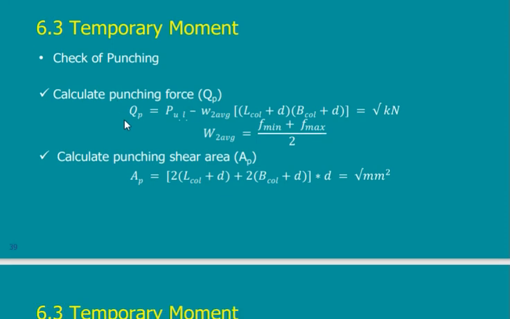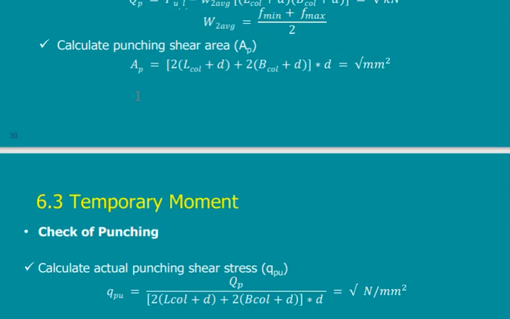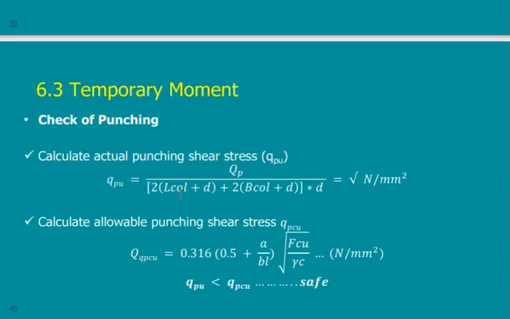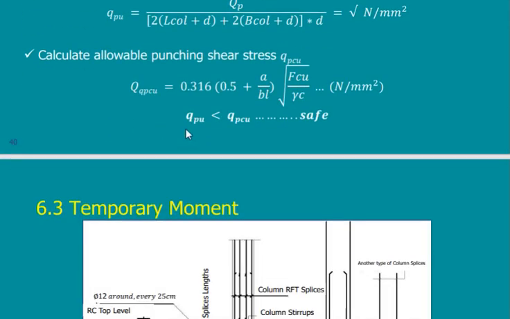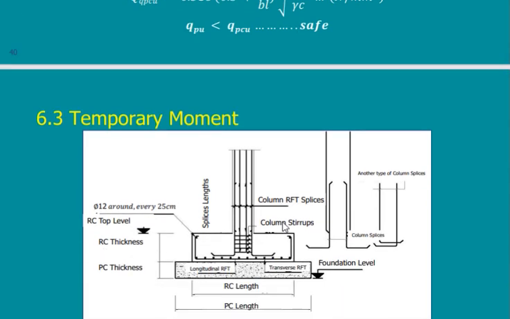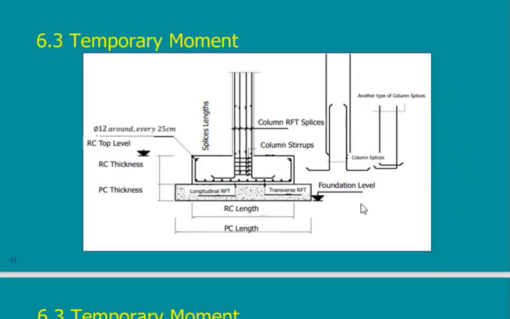I will check punching the same way, and if shear and punching are okay, then I would go and calculate the amount of steel, and finally I put my reinforcement.